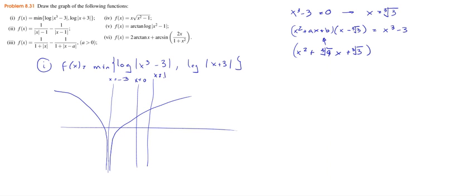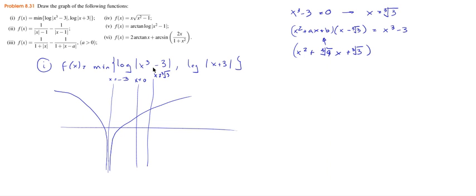So the logarithm is going to go like this and like this, right? But also now we want to see if it has extrema or changes of inflection, things like that.